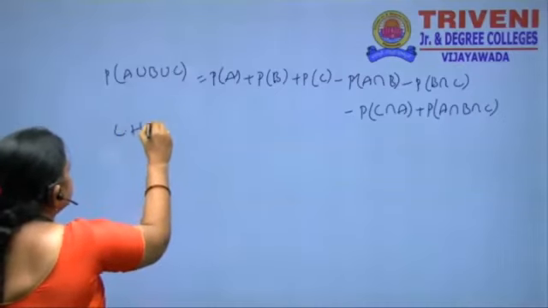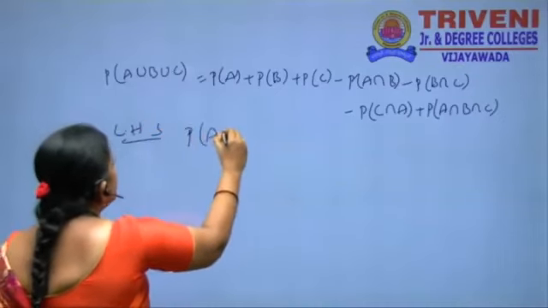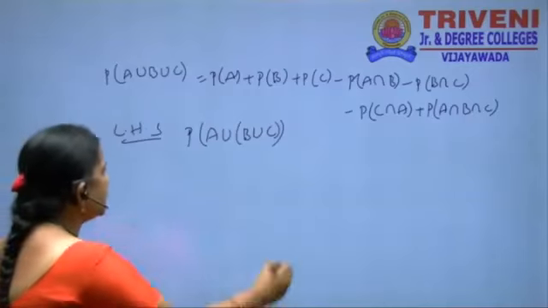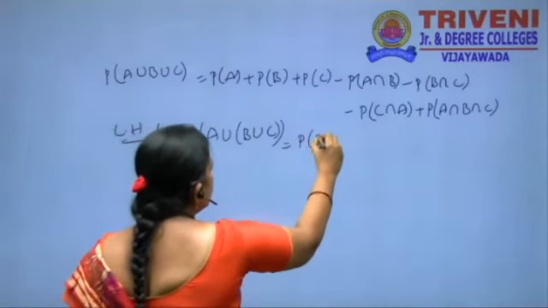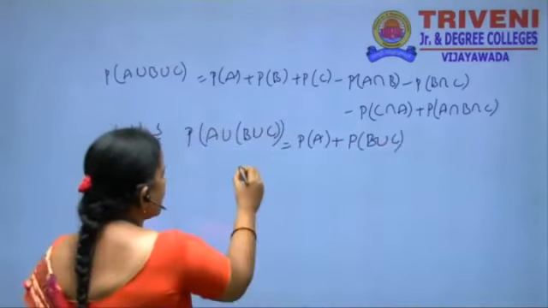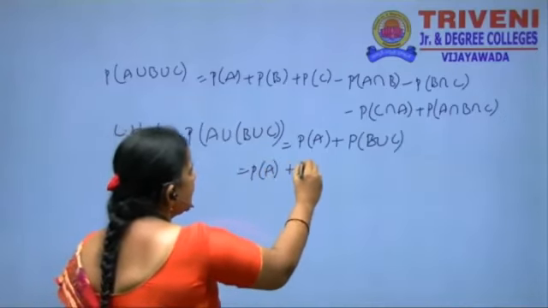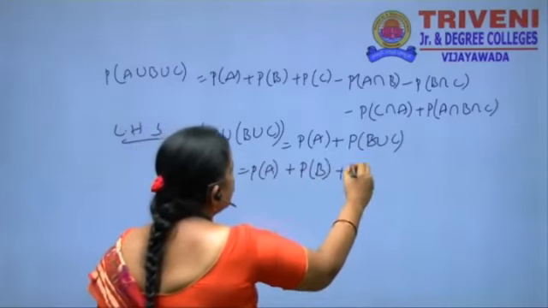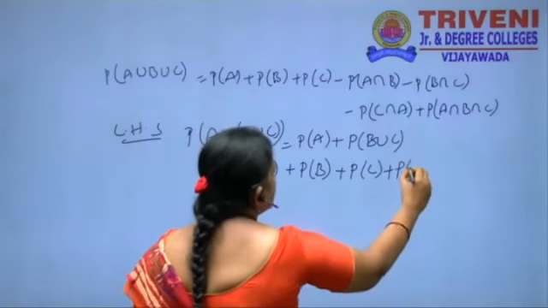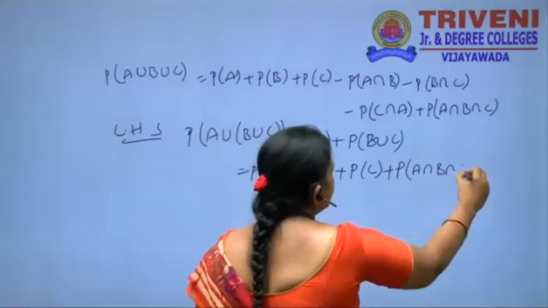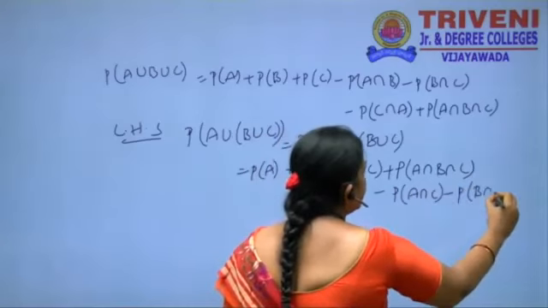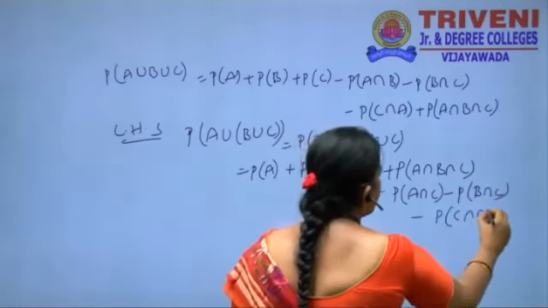Then you can take the LHS, P of A union B union C. Applying the addition theorem on probability here, P of A plus P of B union C. Here for P of B union C, applying the theorem, P of A plus P of B plus P of C plus P of A intersection B intersection C minus P of A intersection C minus P of B intersection C minus P of C intersection A we can get here.